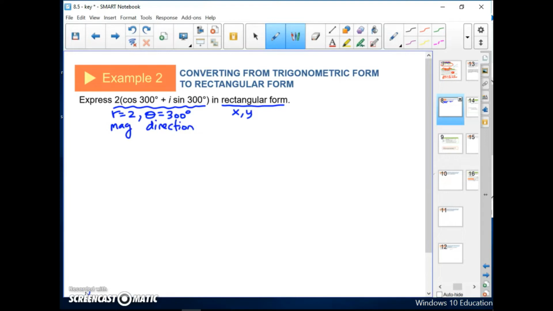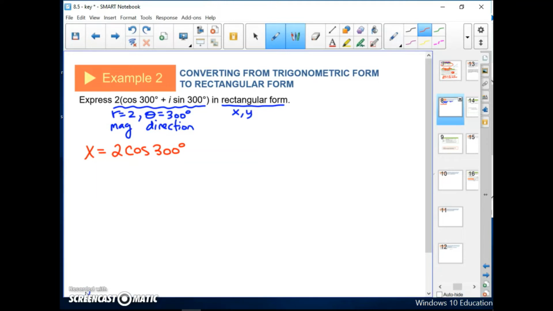They're giving us the magnitude and direction, and they want the x and the y coordinates. Okay? So we have formulas for that, right? What's the formula for x? Magnitude, cosine, direction. Good. Magnitude times cosine of the direction angle.